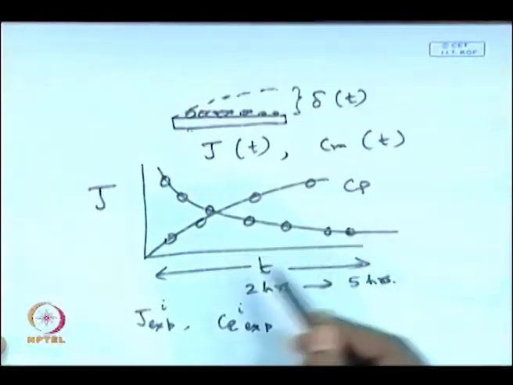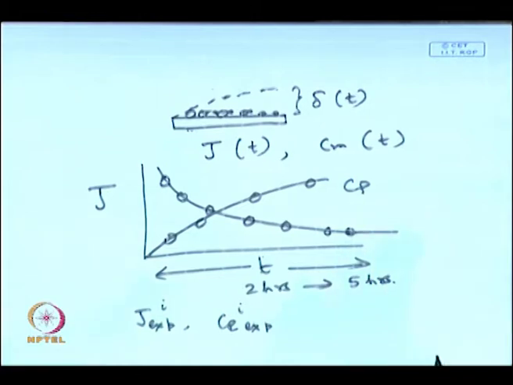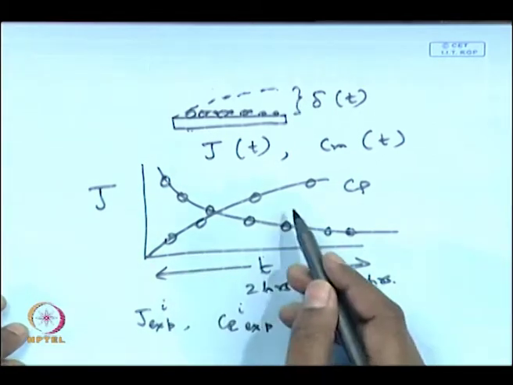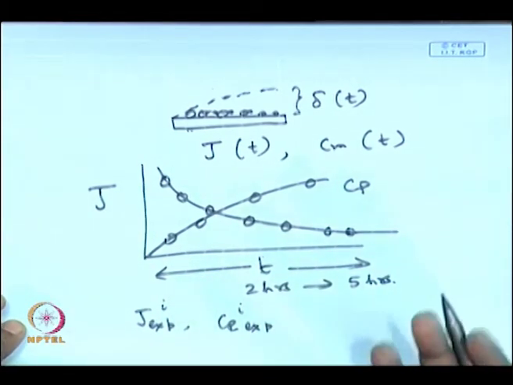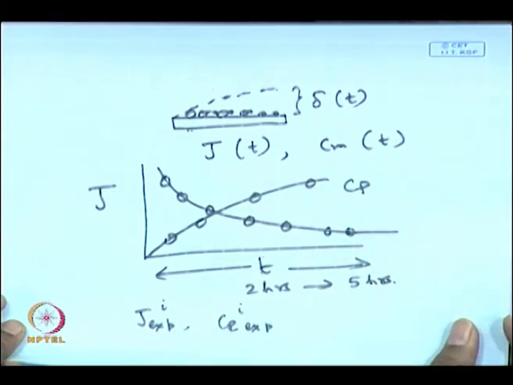If you do an unstirred batch cell, you can generate so many data from 2 or 3 hours by conducting one single experiment. Then you can fit these 25 or 27 data in your optimization subroutine and estimate the 4 unknown constants. That is why the study of the unstirred batch cell is very important.